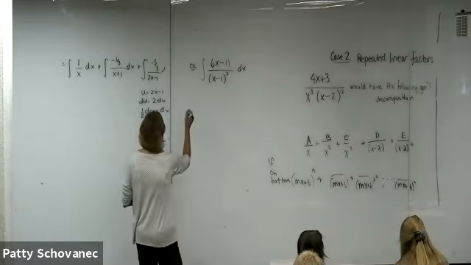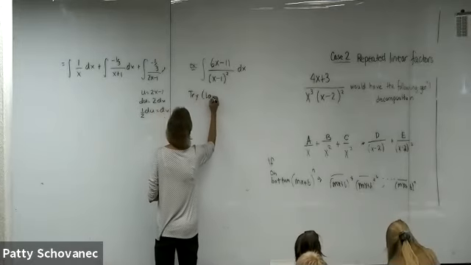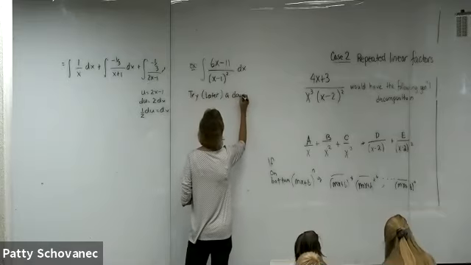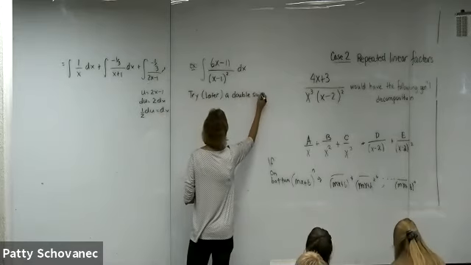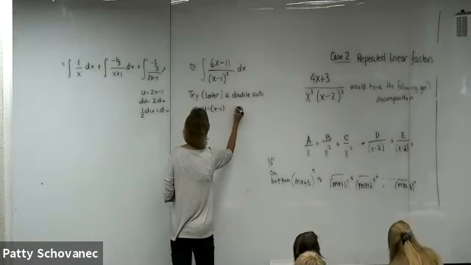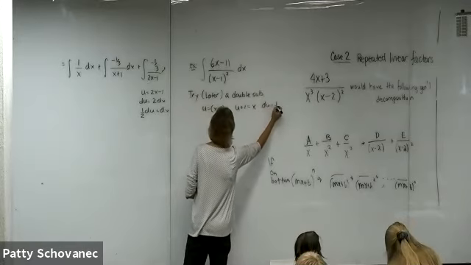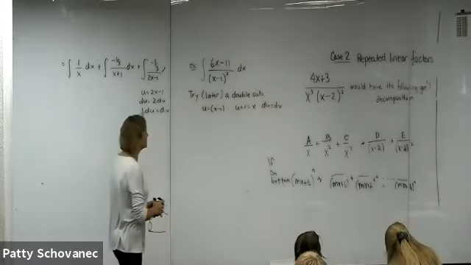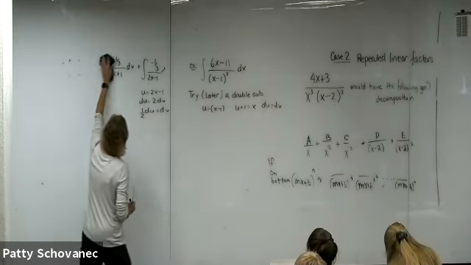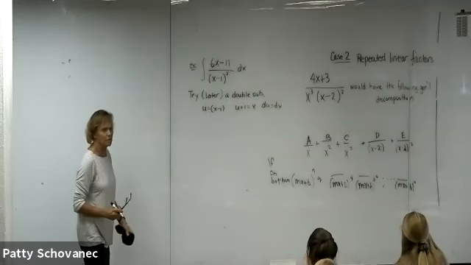So try later a double substitution, where u is x minus 1, u plus 1 is x, du then is dx. I bet that works out really easily. But that's no fun. Let's try it as a partial fraction decomposition.